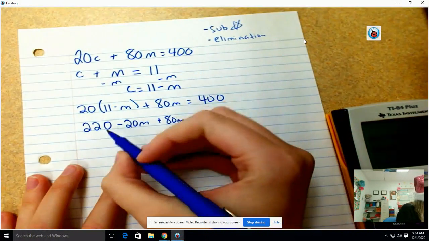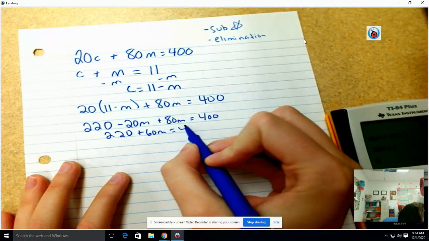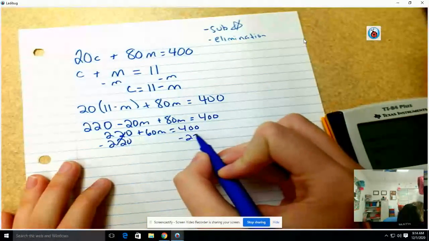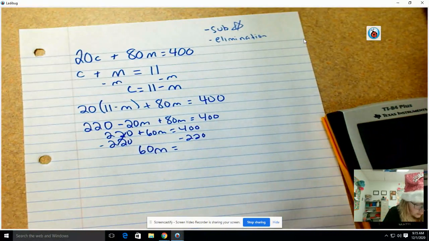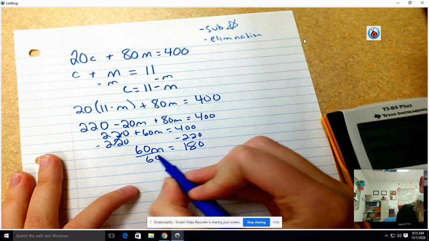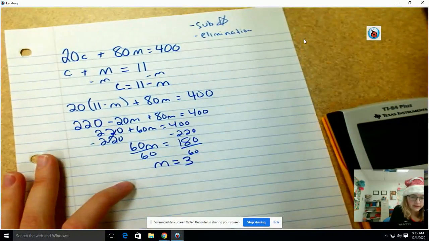Combine like terms, 220 plus 60M equals 400. We're going to subtract that 220 over. So 60M is going to equal 180. We're going to divide by 60. So M is going to equal 3.